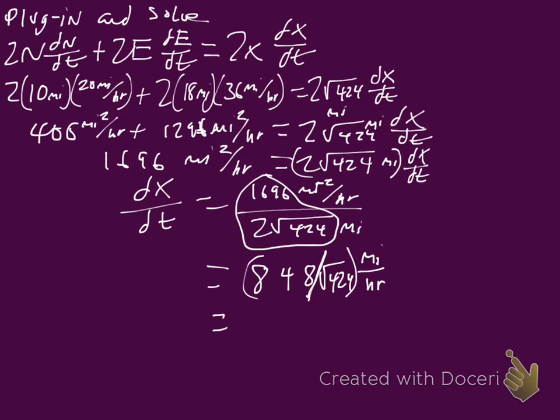If you put that in your calculator, with the square root underneath the radical, you end up getting about 41.2. At least that's what I got on my calculator. That's what you should get.